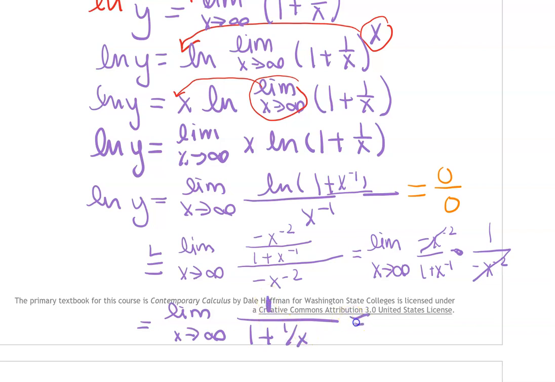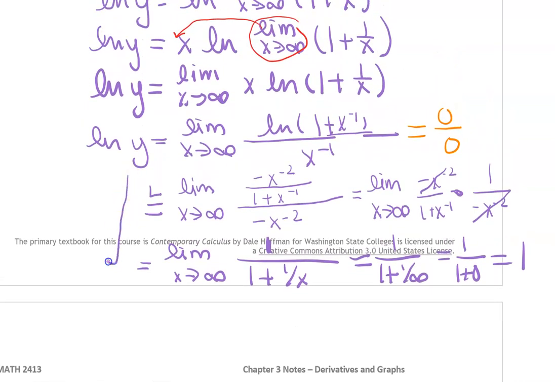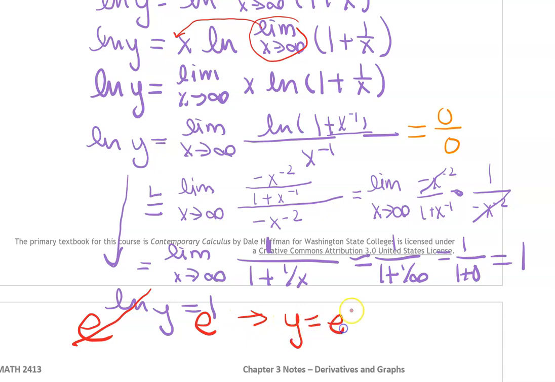And so if I take the limit of that now, I get 1 over 1 plus 1 over infinity, which is equal to 1 over 1 plus 0, which just gives me 1. But remember, this was going along for the ride. We were just manipulating that right side and applying L'Hopital. So I have ln of y equal to 1. And if I e both sides, going back to our algebra days, this would cancel, and I would get y equal to e to the first.